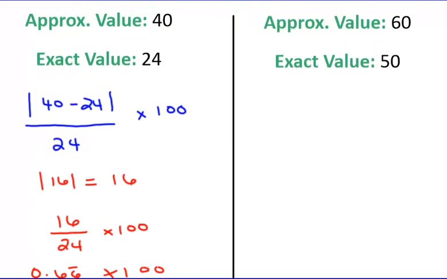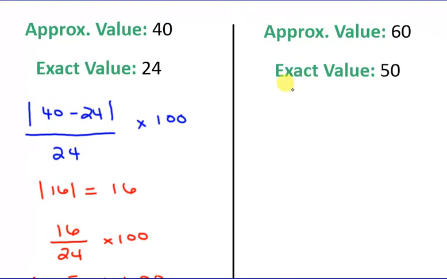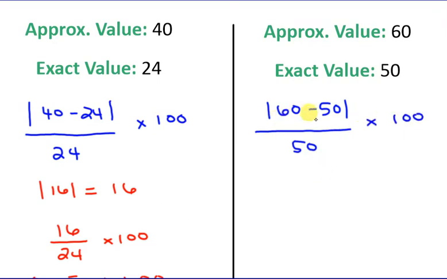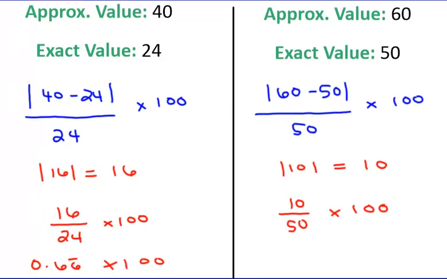All right, so for our next one, we're going to do our approximate value, which is 60 minus 50 over our exact value, which is 50 times 100. 60 minus 50, that's going to be the absolute value of 10, which is just 10. And then you have 10 over 50 times 100.